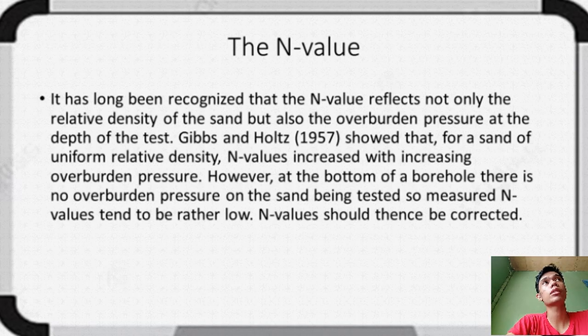Pero pag mas malalom pa daw ang pagkalot, murag mawala na ang iyang overburden pressure, ug ang iya daw N value tends to be rather low. So in short, dili consistent ang atong N value. So kailangan daw nato na siya i-correct.